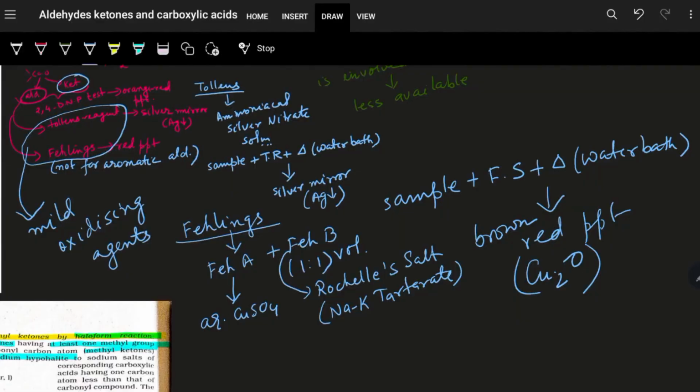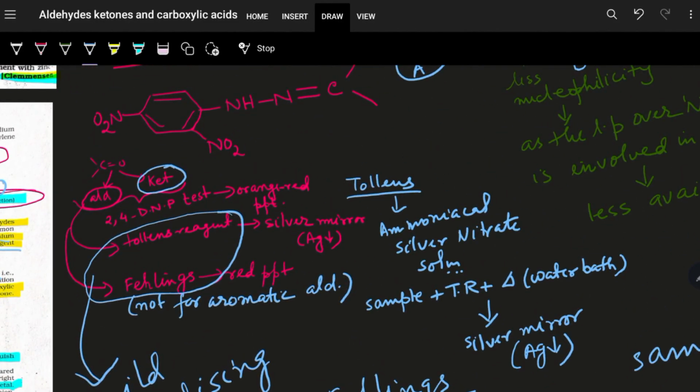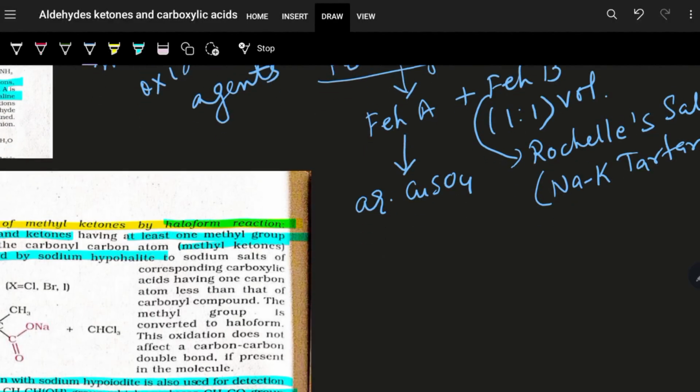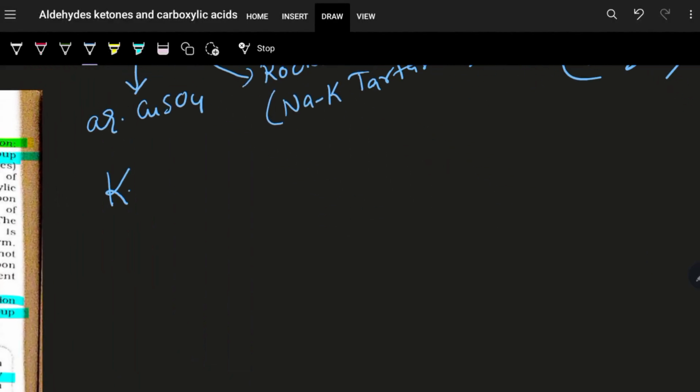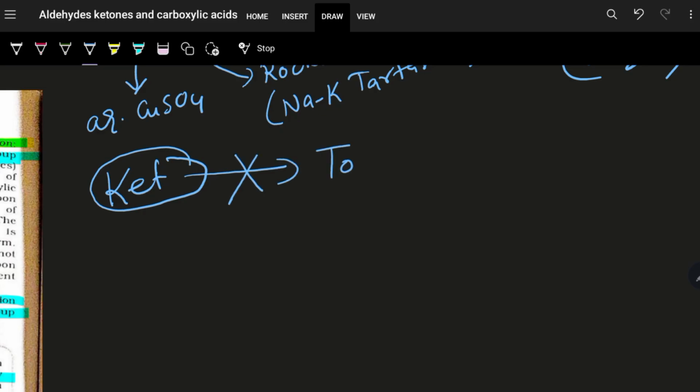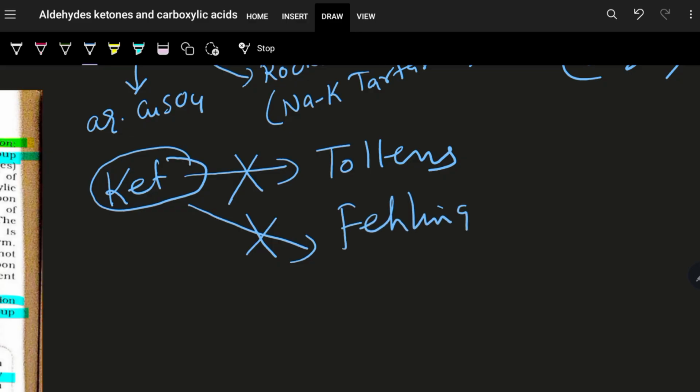And this is not obtained from aromatic aldehydes. Keep in mind. Then how are we going to test ketone? If ketone is not giving Tollens and not giving Fehling's test, then what does it give?